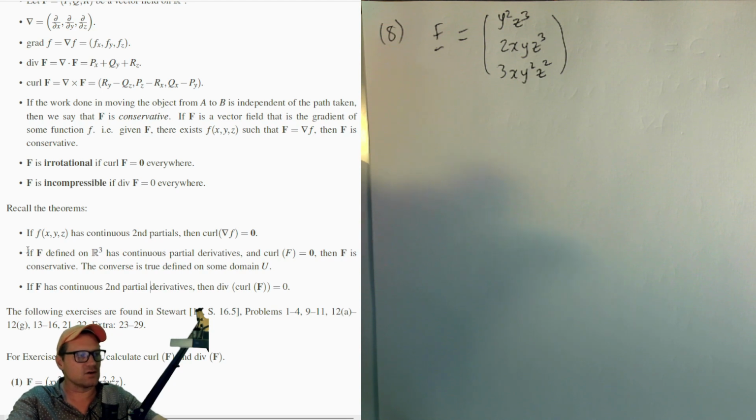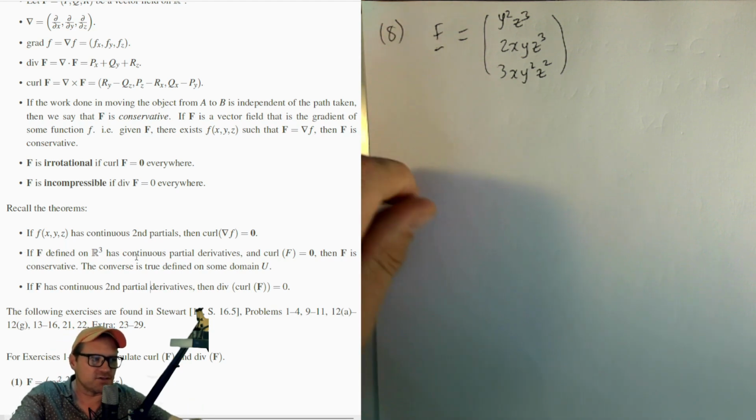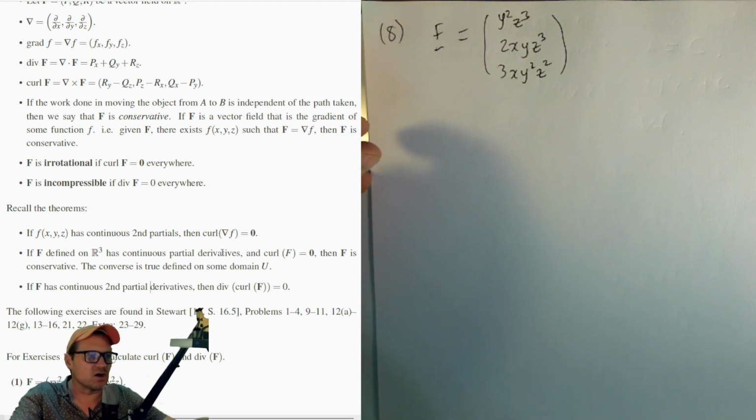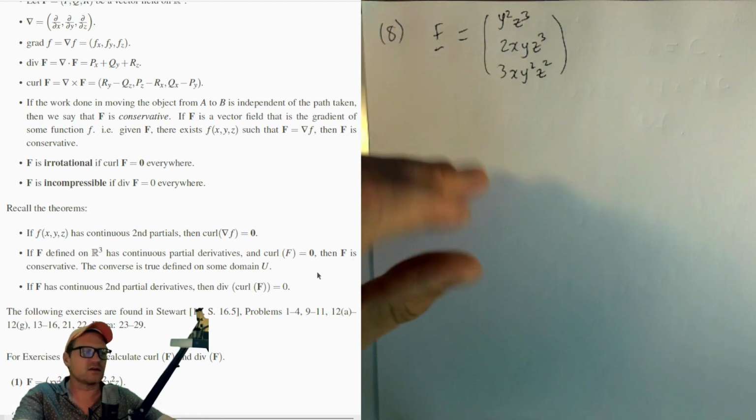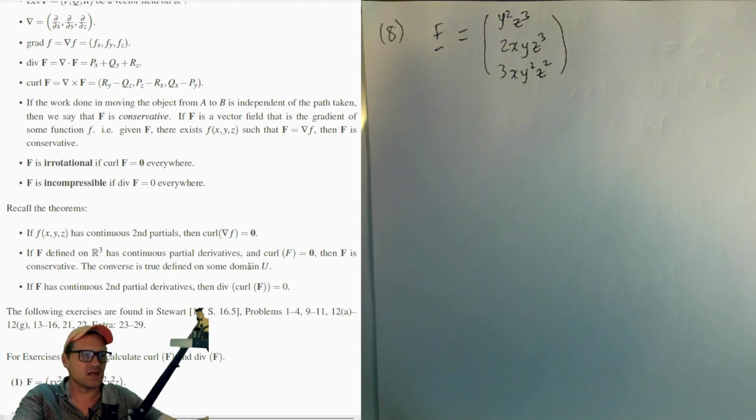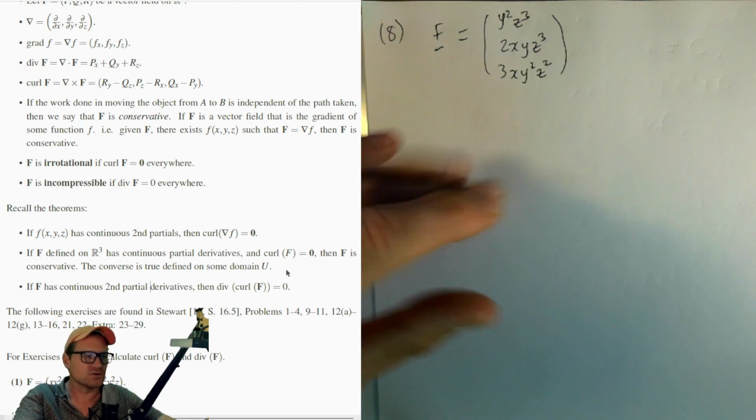Down here, there's a theorem that says if F is defined on 3-space, has continuous partial derivatives, and the curl of the vector field F is the 0 vector, then F is conservative. The converse is true defined on some domain U, but there's probably more to that converse.